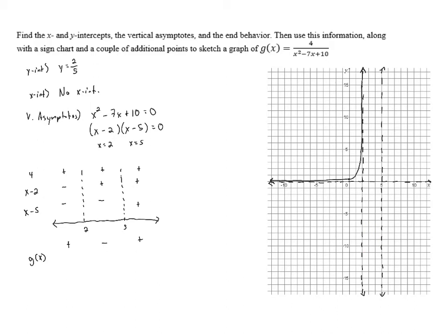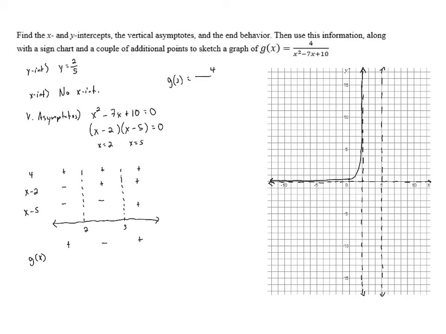And one thing that we can do to figure that out, or at least get an idea, is to pick a value of x in this interval to evaluate the function and get an idea of what it looks like. So let's pick 3 for our x value, and let's evaluate the function at 3.